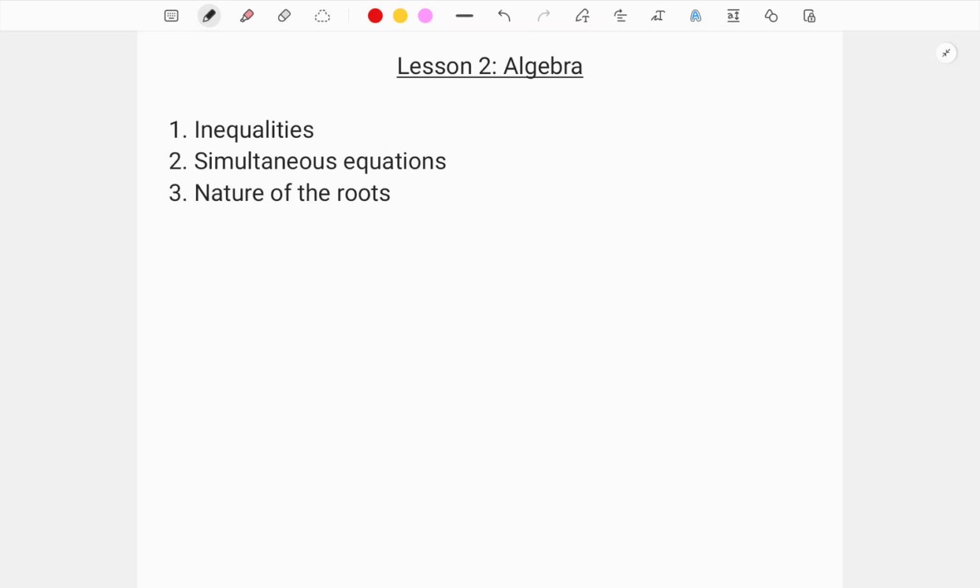We also gonna focus on algebra in this lesson, but specifically on inequalities, then secondly on simultaneous equations, and lastly on nature of the roots. I think from here on we'll be done with the algebra unit. We'll focus on the next chapter.